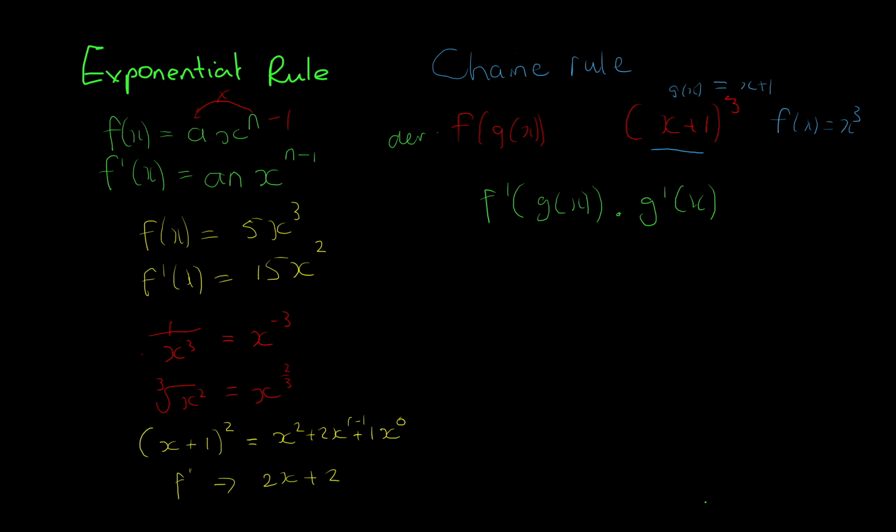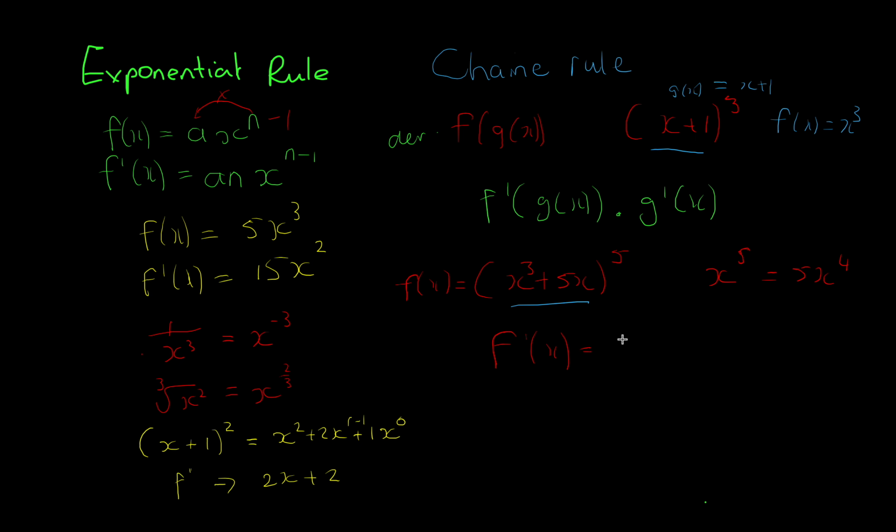Okay, so let's take an example: x to the power of 3 plus 5x, all to the power of 5. We've got an inner function, which is this part, and an outer function, which is something to the power of 5. If this is f(x) and we want the derivative, we take this whole part as something to the power of 5, and we derive that, similar to what we would do for x to the power of 5, which would be 5x to the power of 4.